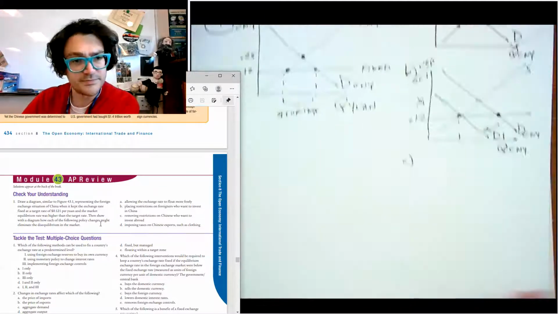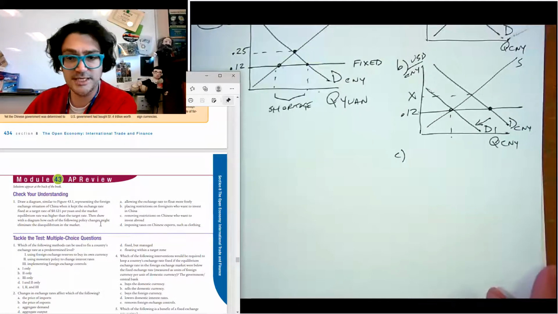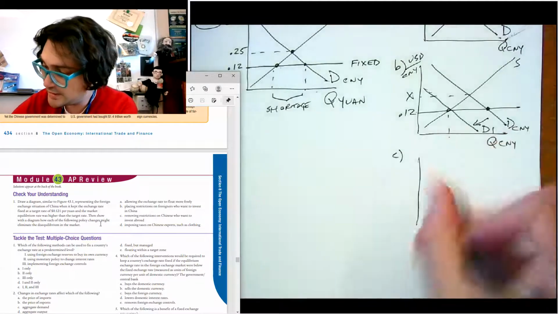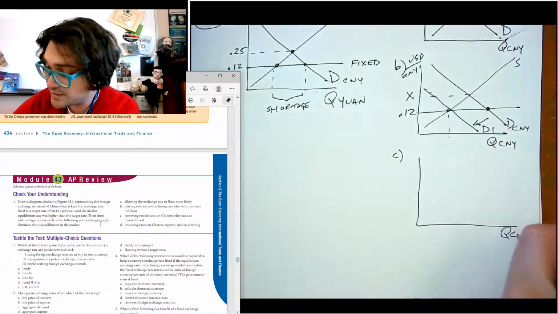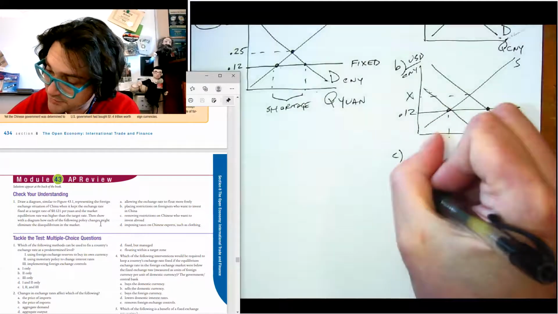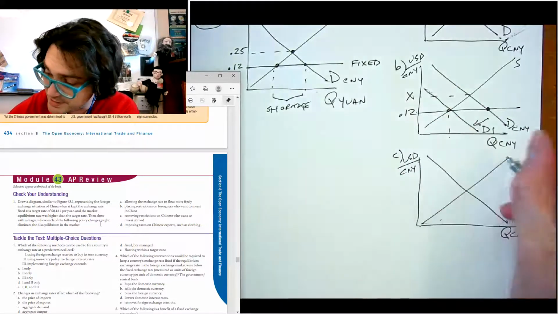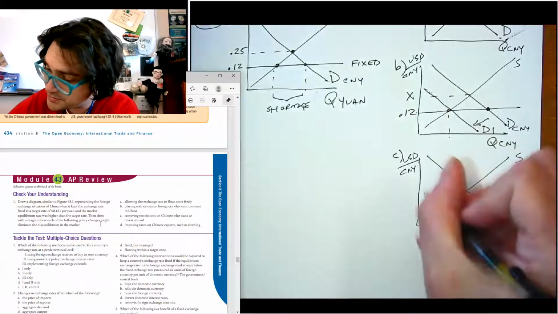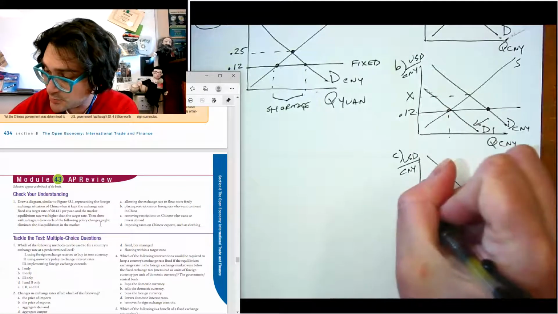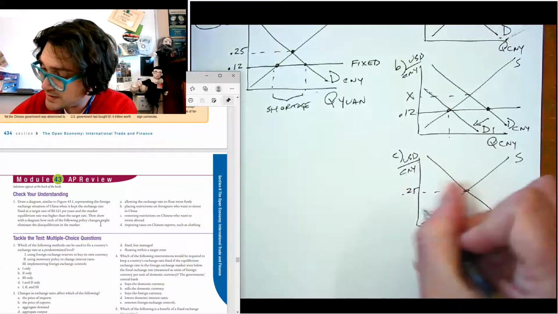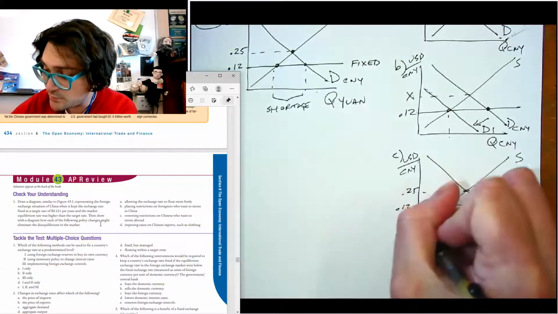Part C says removing restrictions on Chinese who want to invest abroad. And they did that as well, right? In order to keep that currency artificially cheap and encourage their exports, they had to use a variety of techniques. Remember, we were at 25 and we fixed it here at 0.12.